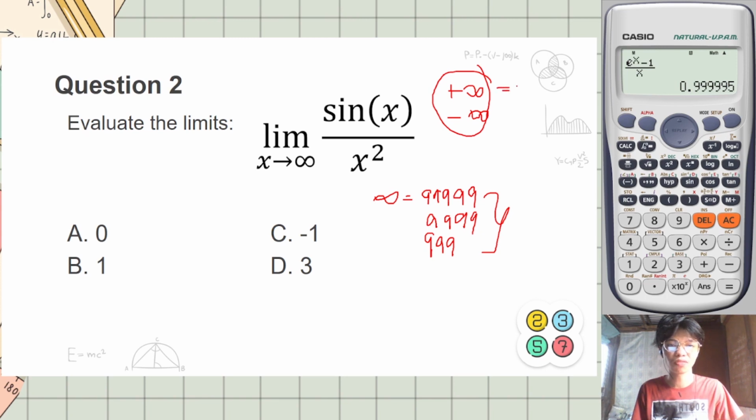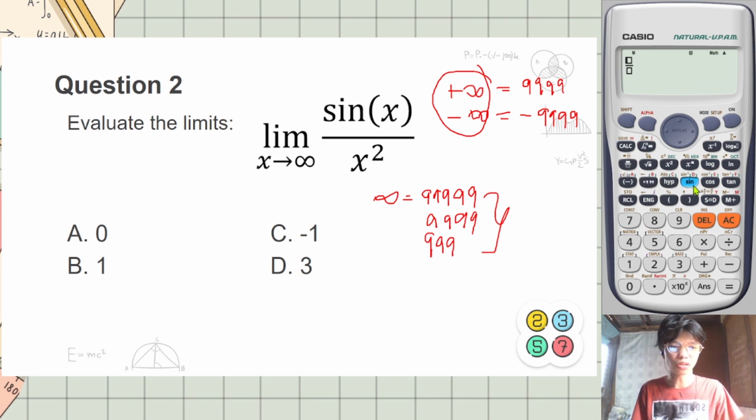For positive infinity, use 9999. And for negative infinity, just use a big negative number, like negative 9999 or 999, whichever you like. The answer will be the same. In our calculator, press AC to clear the function.